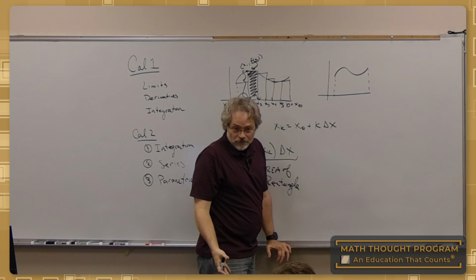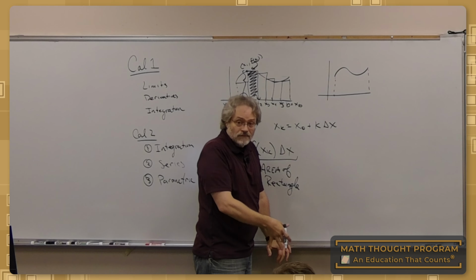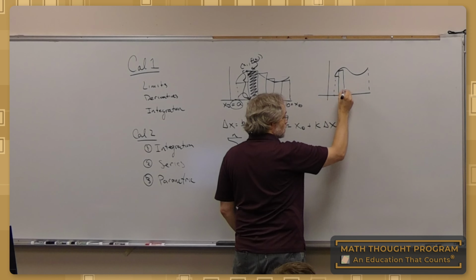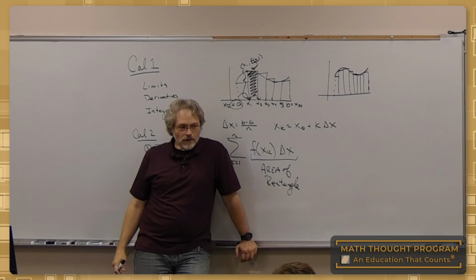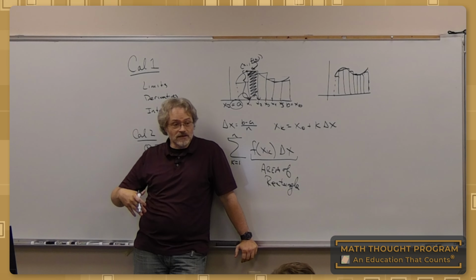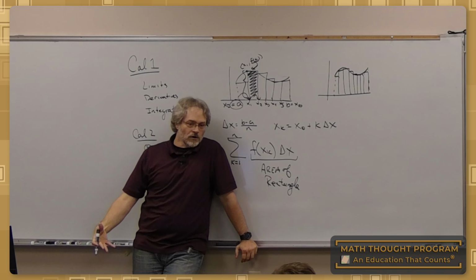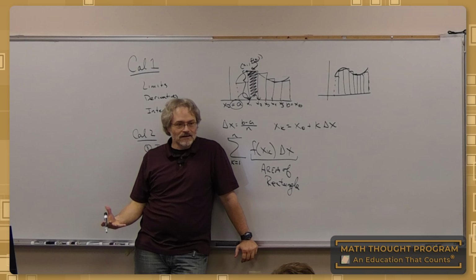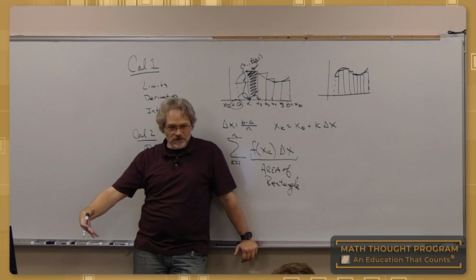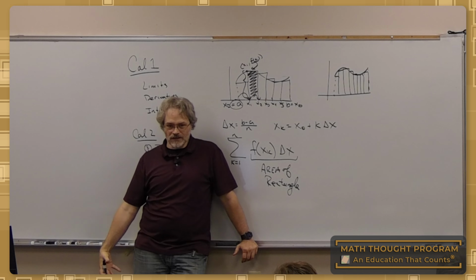To fit the curve better, I get a better approximation. But to fit the curve better, I've got to use smaller rectangles. Well, I want to not just do this once or twice. I want to get something that's going to be spot on, 100% exact, and not an approximation. So I want to keep refining the approximation over and over again.